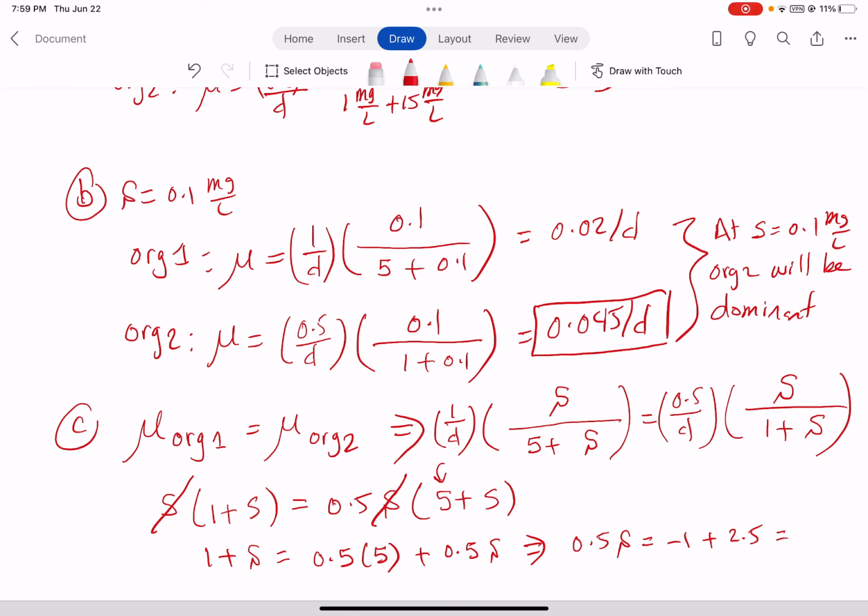So this one is 1.5. So S is equal to 1.5 over 0.5, and that would give you 3 milligram per liter of substrate.